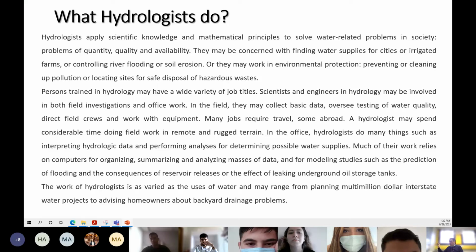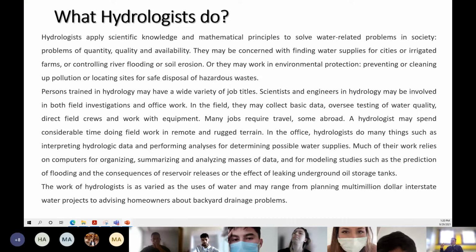Can you give me some famous projects relevant to hydrology? Any project relevant to water is a hydrologic project. The author said the diversity of work is the same as the diversity of water-related things.